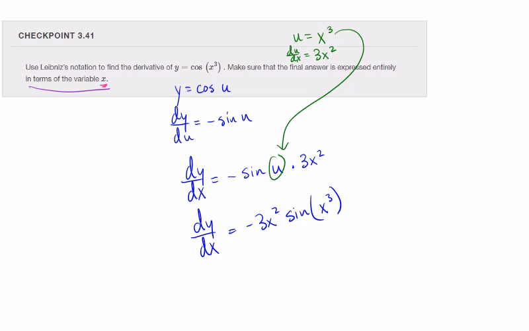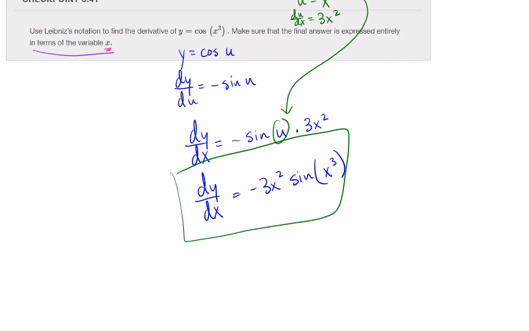All right, so that's how to use Leibniz to do the chain rule. And by the way, let me just point out that you can also do this with multiple functions. If you have functions within functions, like we saw with Lagrange, if we have f of g of h of x, then it's just going to be f prime, the outer function, with everything inside the same, times g prime with everything inside the same, times h prime, right? And so you can do the same thing with Leibniz, where you could have dy dx equals dy du, right?